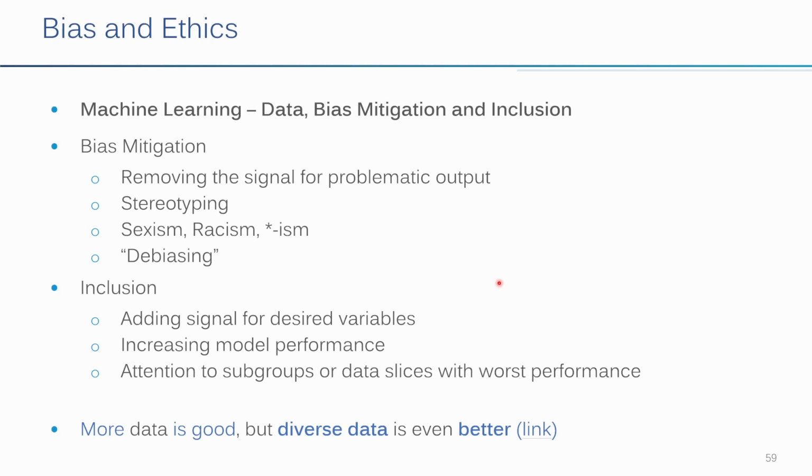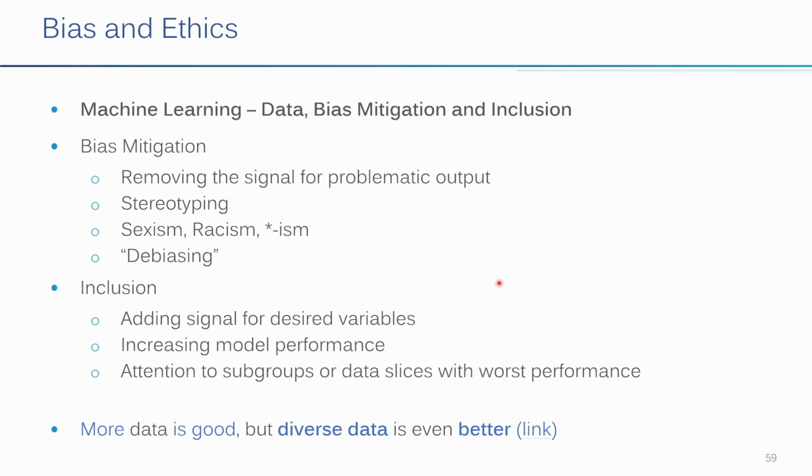we can try to remove the signal for problematic output, and this is actually done today. If you look closely, in the past when the first ultra-aggressive models, the most capable ones, of course, were proposed, you would see that they would output some text that would be considered offensive or would harm a certain group of people.